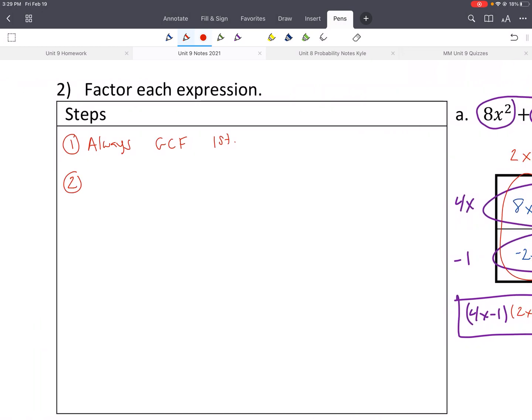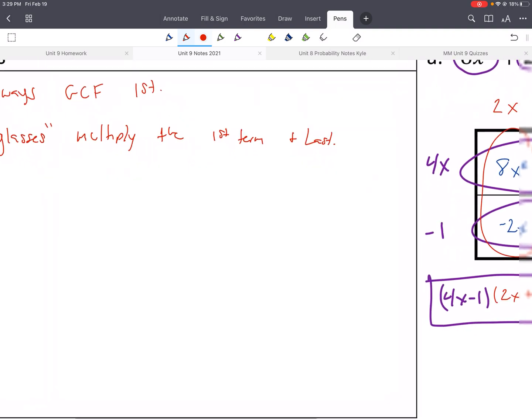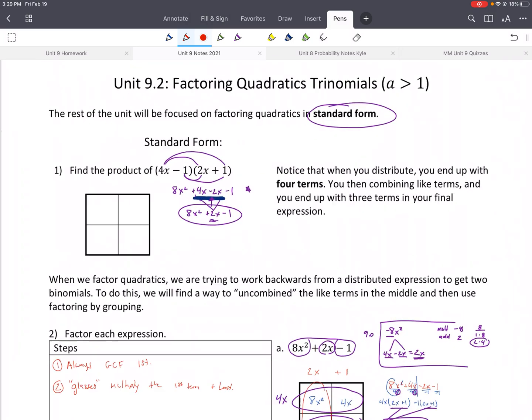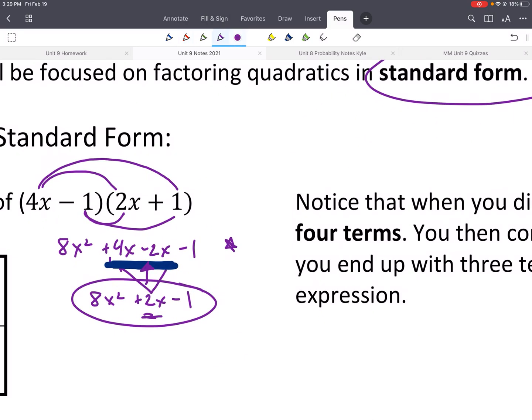Second, we want to multiply the first term and last. Again, specifically, if we talk about standard form, oh, we're supposed to write that here, that's what I meant to do.